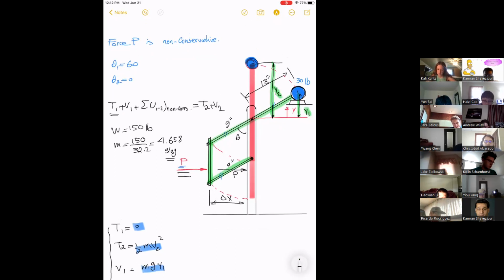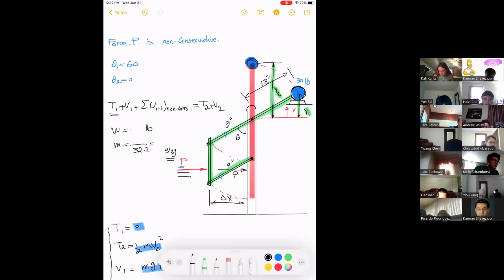Let me see. I think I may have written the wrong number. Let me double check. Yes, the weight is 30 pounds. The force is 150 pounds. Thank you. So this is 30 pounds, and it's going to be 0.932 slugs. Thank you.